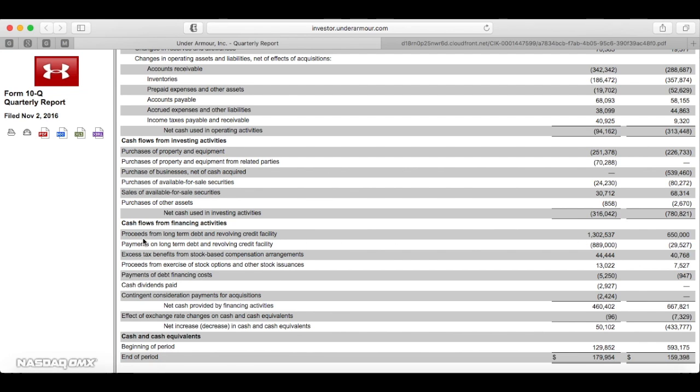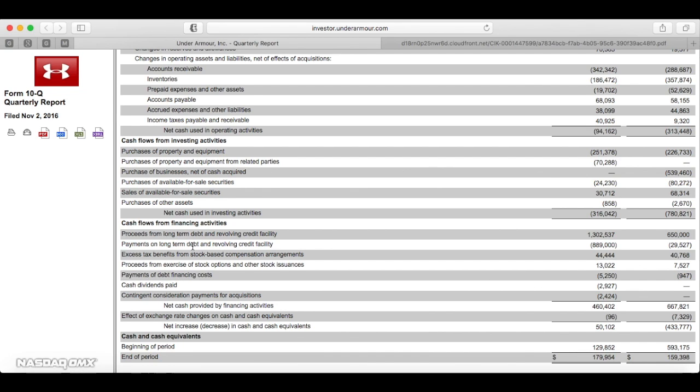Now you might think, hey, this is great, but remember, this is debt. This is a bank or somebody lending Under Armour this $1.3 billion. Since it's cash flow, we're talking about money that's come from a bank and flowed into Under Armour. And so that's why it's this positive $1.3 billion.